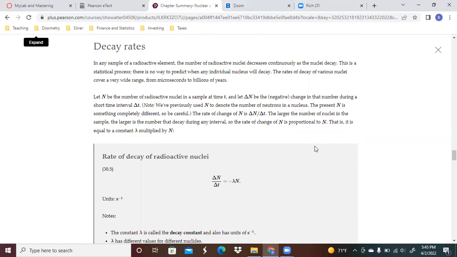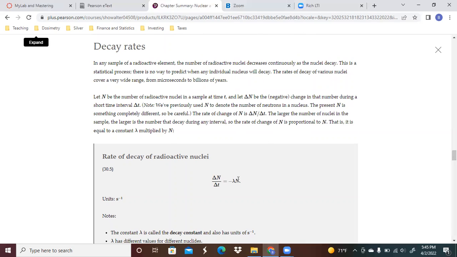So for the rates of decay, if N is the number of radioactive nuclei in a sample at time t, the change in N is negative during a short interval of delta t. So the rate of change is the change in N over the change in t. The larger the number of nuclei in the sample, the larger the number that decay during any interval.